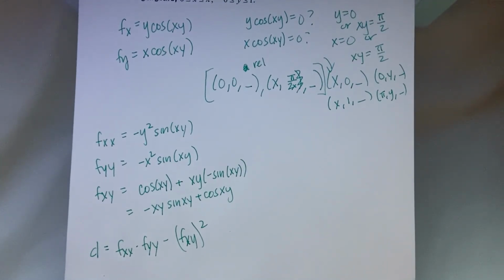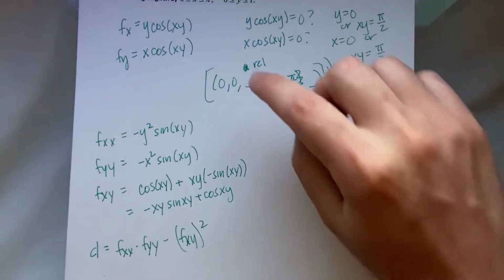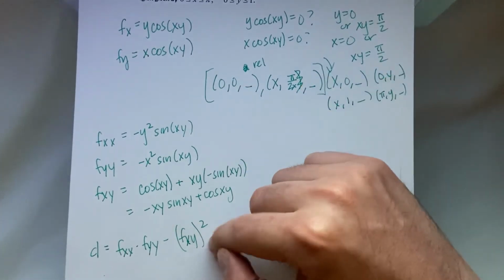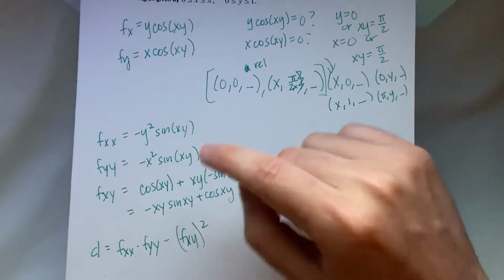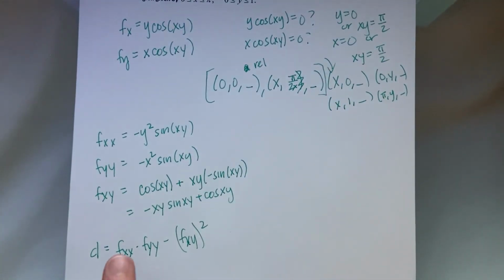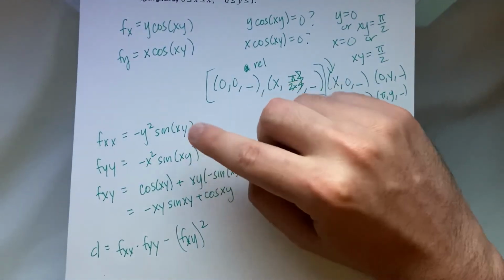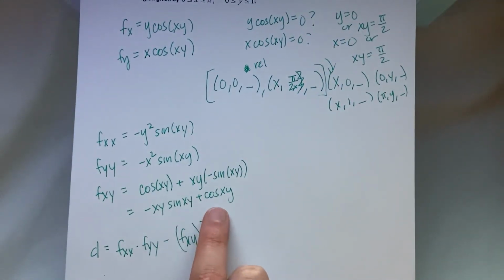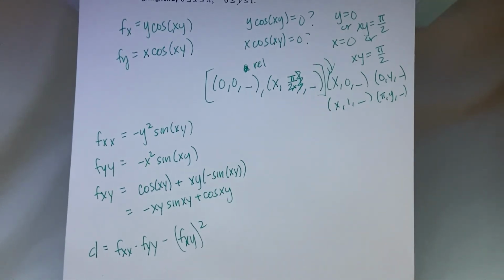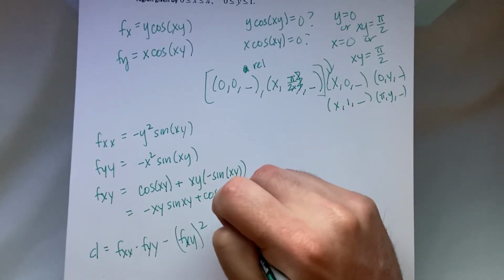So let's check in at 0, 0. What do I know about the point 0, 0 here? At 0, 0, d is going to be 0 times 0. This whole thing becomes 0 plus the cosine of 0, which is 1. 0 plus 1 is 1, which means 0 minus 1 is negative 1.